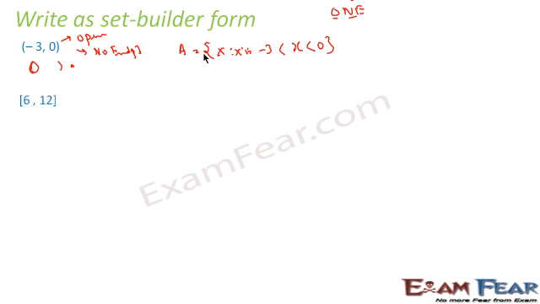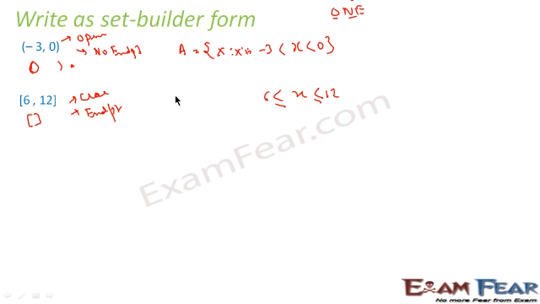Let's take one more example. So here we see it is like a box. If you combine these two, it is a closed interval. So in an open interval, the endpoint is not considered, but in a closed interval, the endpoint is considered. So we'll say x is greater than or equal to 6 here and less than or equal to 12 here. Correct? That is the range of x.